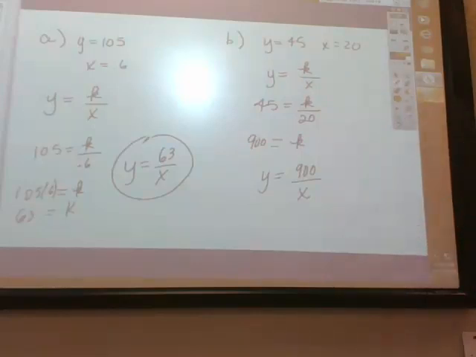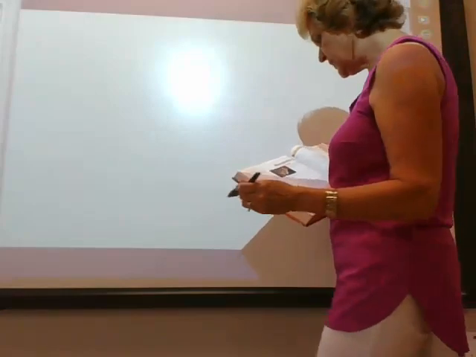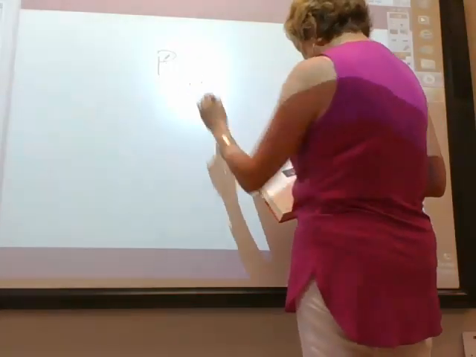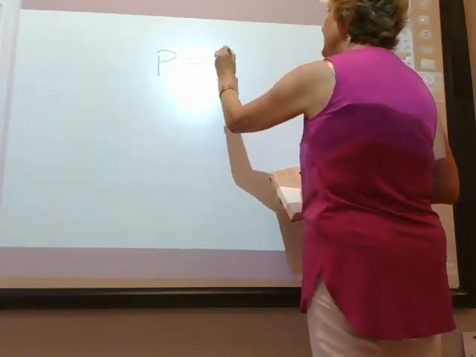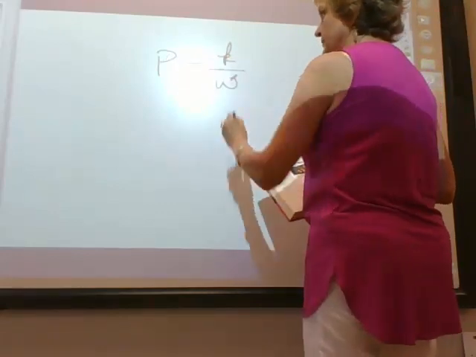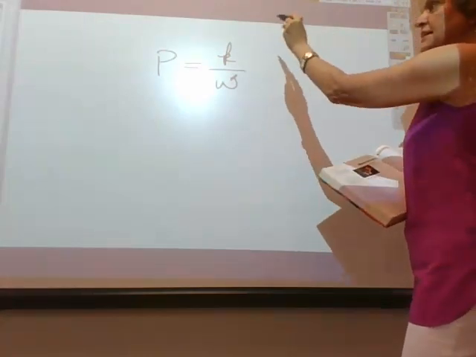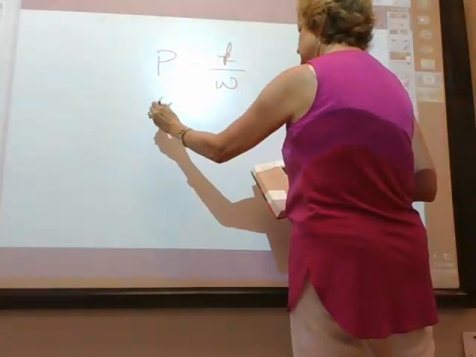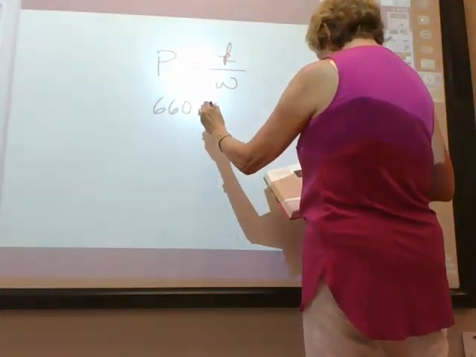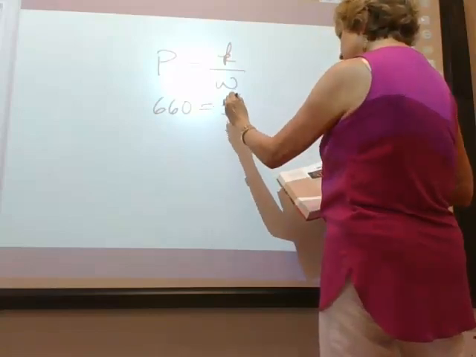All right, so just like yesterday, we're going to have a word problem. All right, so example 2 on page 562. The pitch, okay, so P, of a musical tone varies inversely as the wavelength. All right, so instead of y equals k over x, I do P equals k over W. So one tone has a pitch of 660 vibrations per second and a wavelength of 1.6.